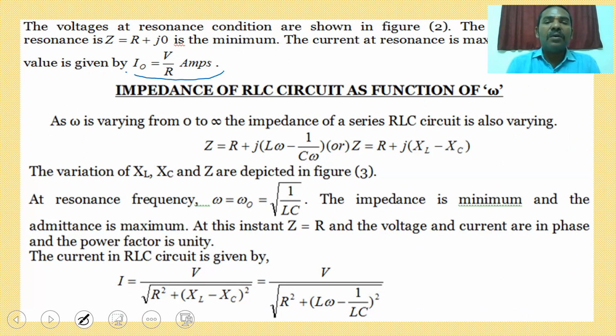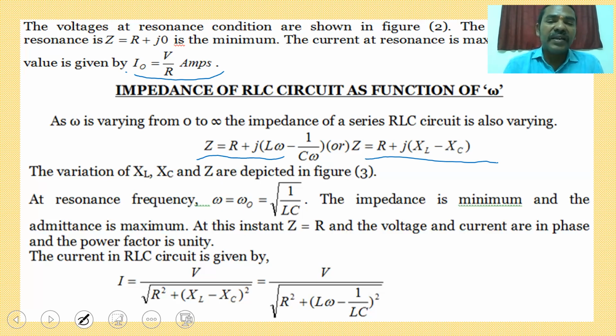Okay. Now let us go for the impedance function of an RLC series circuit with omega. For an RLC circuit, Z is equal to R plus J omega L minus 1 by omega C, or you can simply write it as Z is equal to R plus J times XL minus XC.